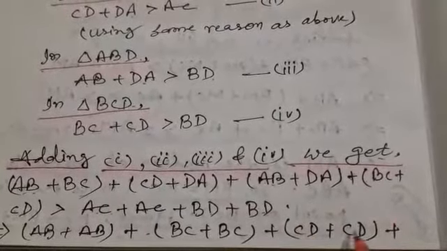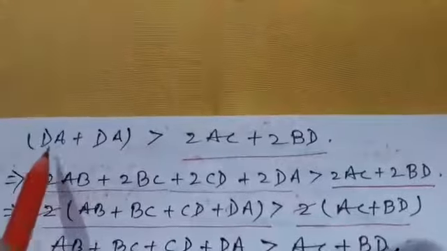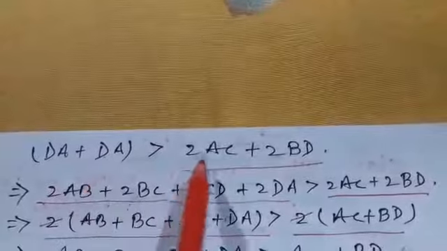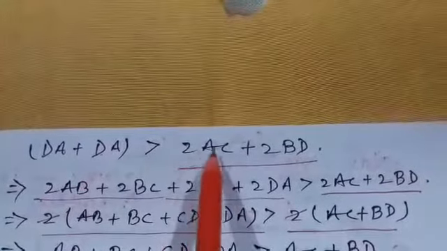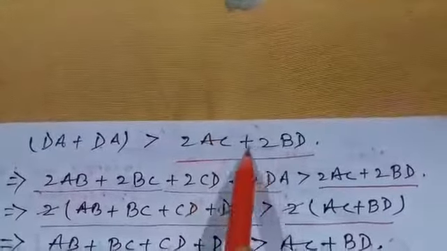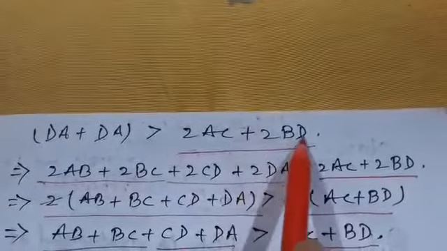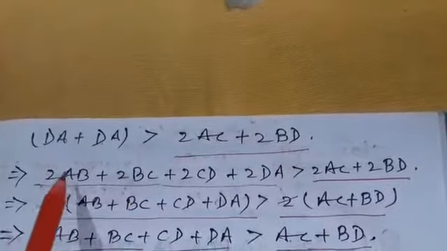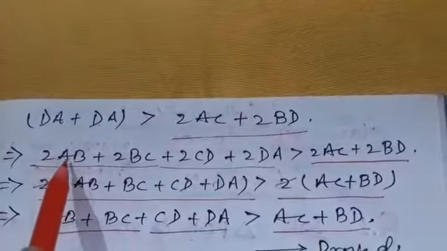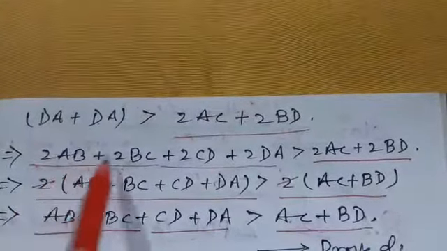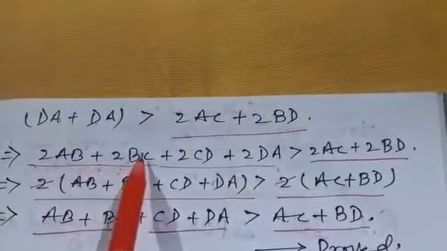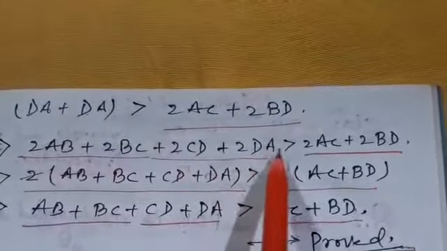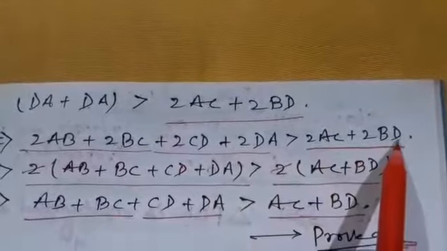Like this, CD plus CD plus DA plus DA all are greater than AC plus AC, that is 2AC, plus BD plus BD is equal to 2BD, so 2AC plus 2BD. Now we write 2AB, 2BC, 2CD plus 2DA is greater than 2AC plus 2BD.